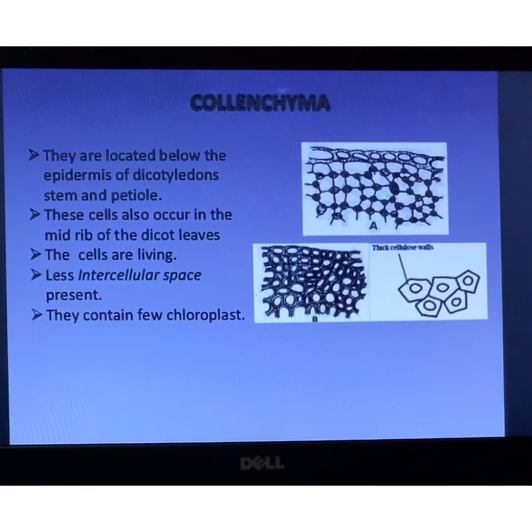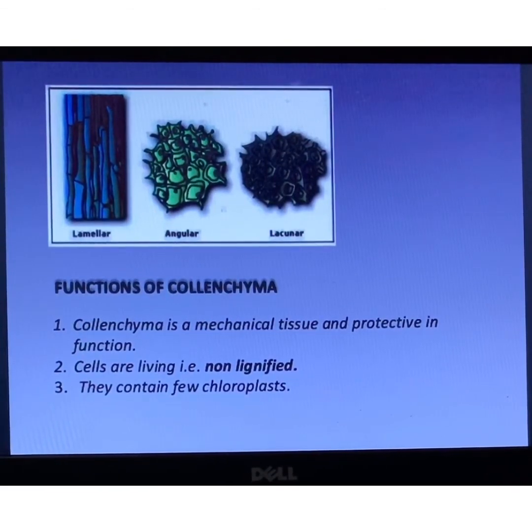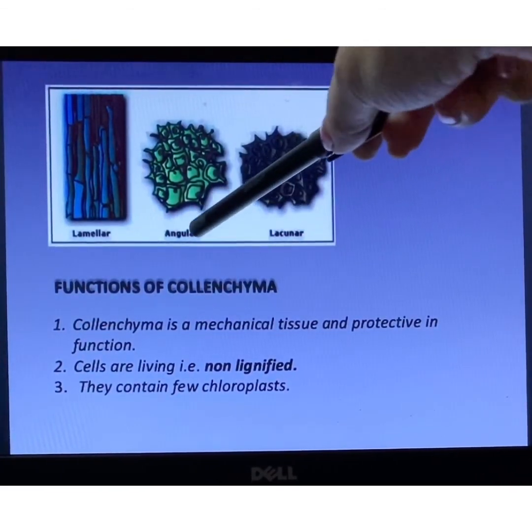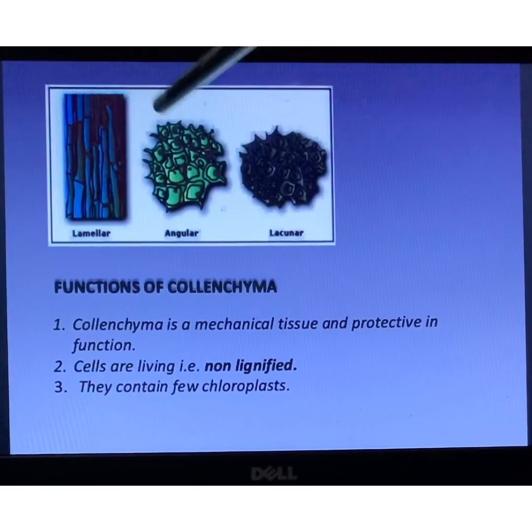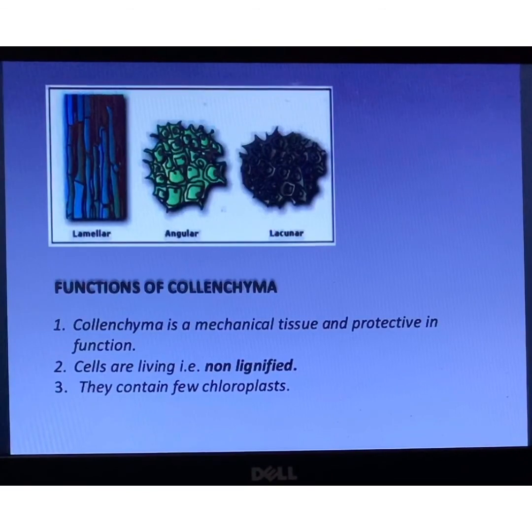Let's have a look at the functions. See, there are different images: lacunar, angular, and lamellar. You don't have to worry about the names. These are just images of different forms of the shapes of collenchyma cells due to the excess cellulose deposition.